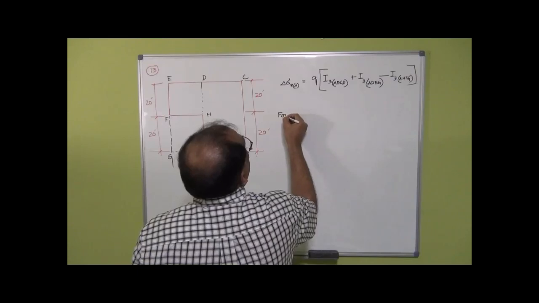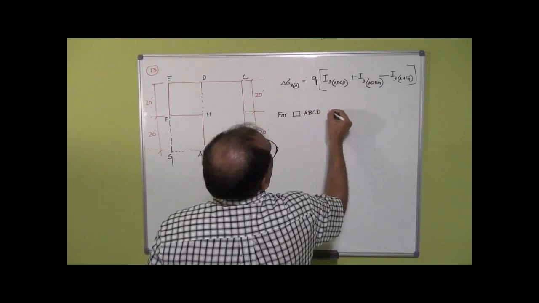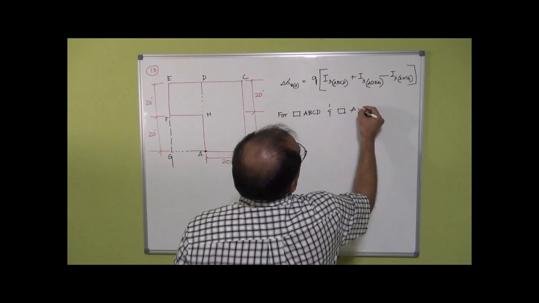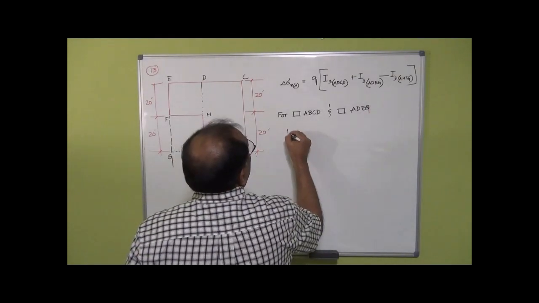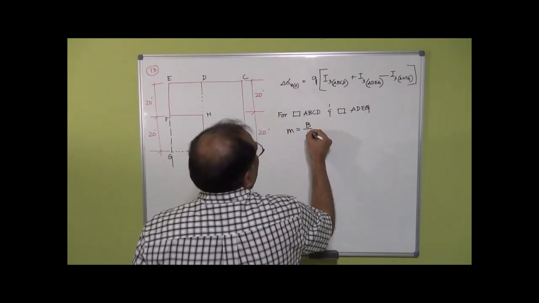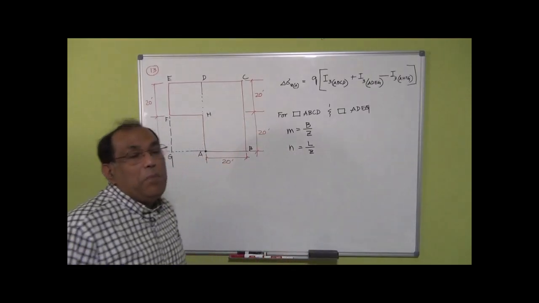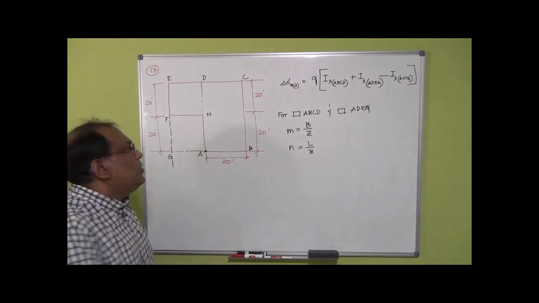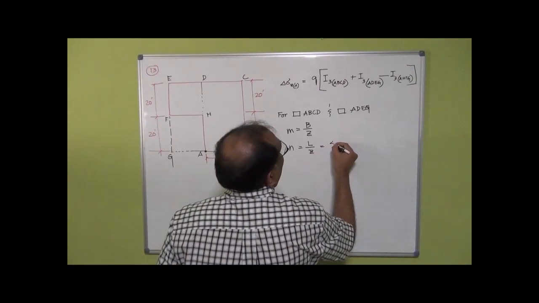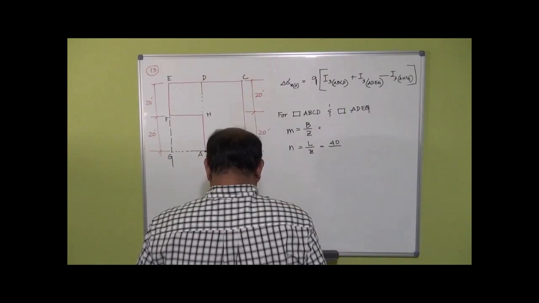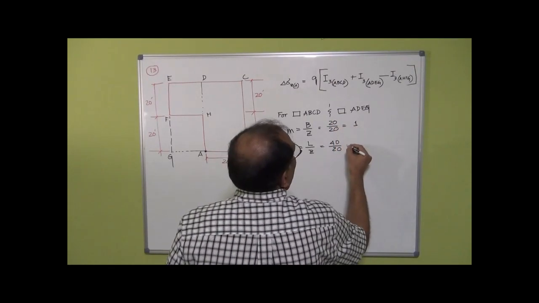So for rectangle ABCD and rectangle ADEG, your M equals B by Z and N equals L by Z. You have to always remember that L is always bigger than B. So here, the biggest dimension is 40, so that would be your L. Here this one is 20 divided by 20, which is 1, and this one is 2.